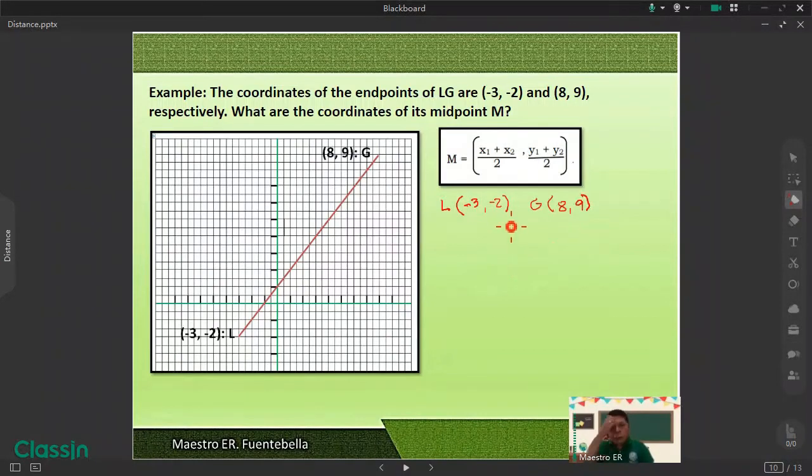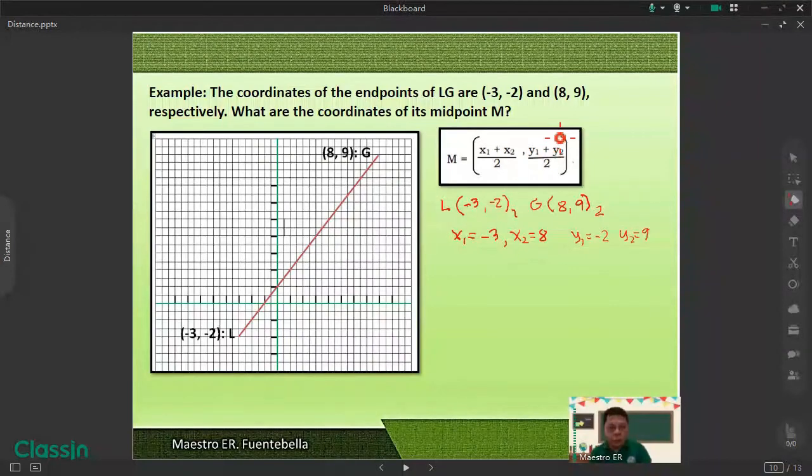Okay, so let's assign point L as (x sub 1, y sub 1) and point G as (x sub 2, y sub 2). So therefore, x sub 1 is equal to negative 3, while x sub 2 is 8. Your y sub 1 is negative 2, and y sub 2 is equal to 9.